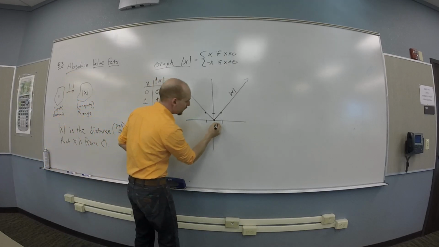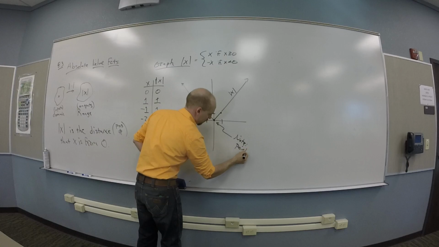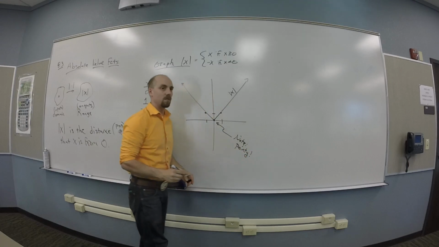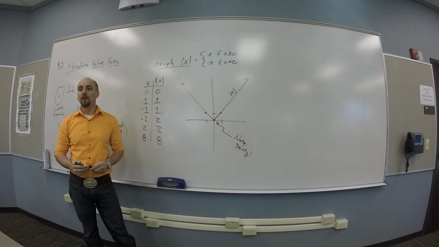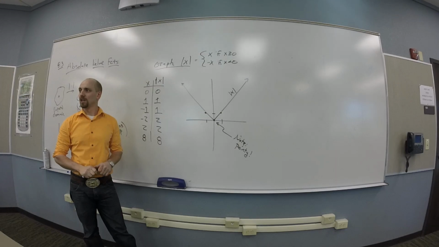Note, this is in fact pointy. It's called a vertex. The vertex is pointy in this case. Parabolas also have vertices, right? Where's a vertex of a parabola?